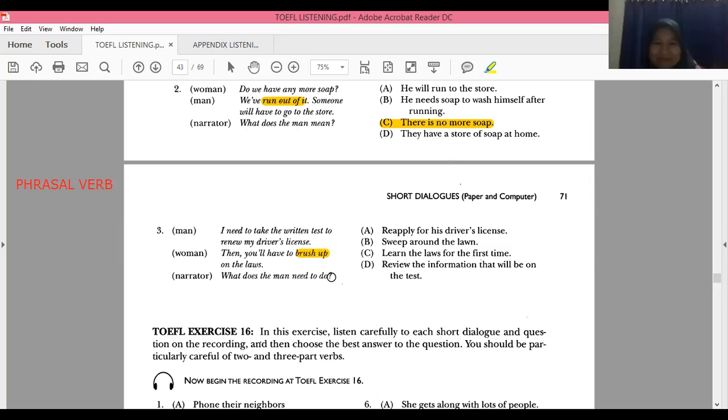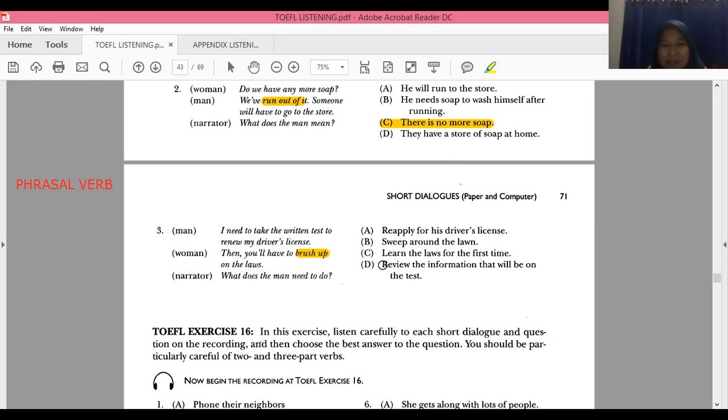Wait a moment, Miss. Option A? No. Reapply, registering again for his driving license. Unfortunately not.